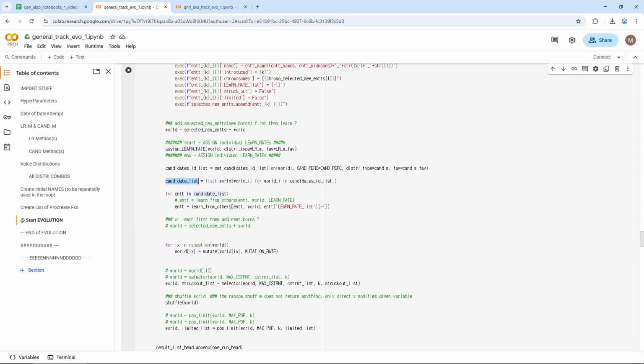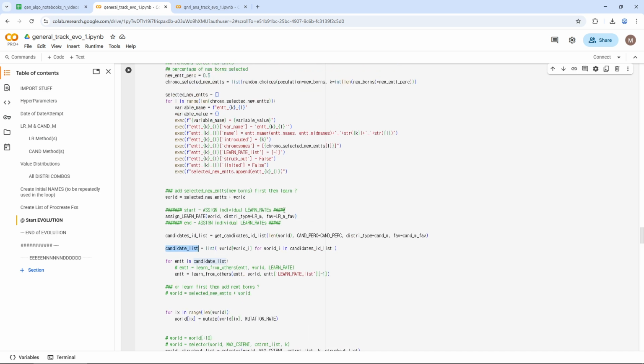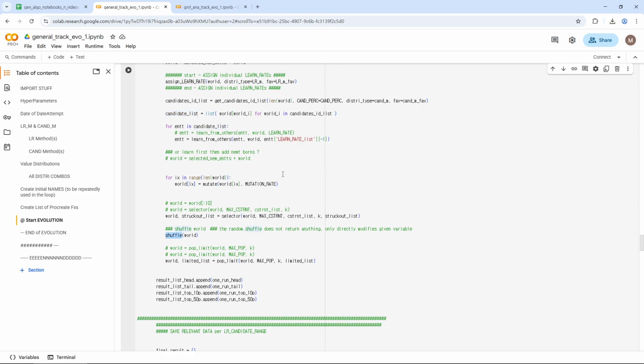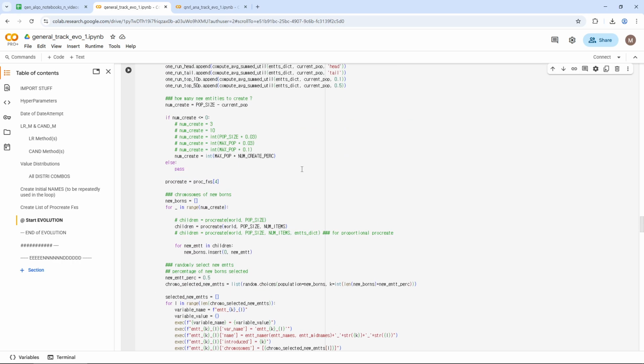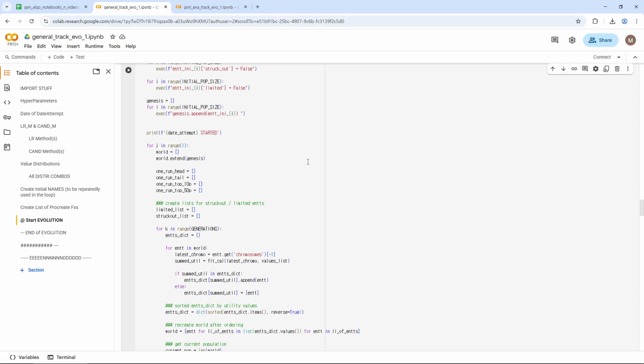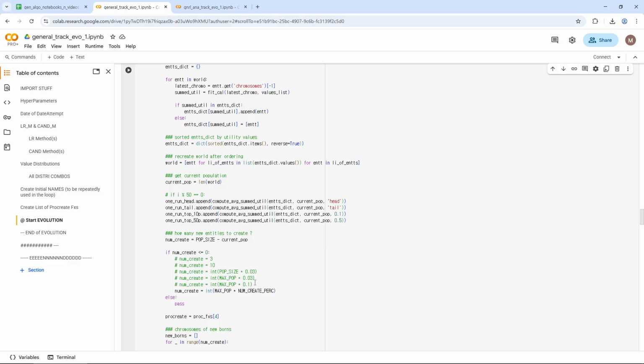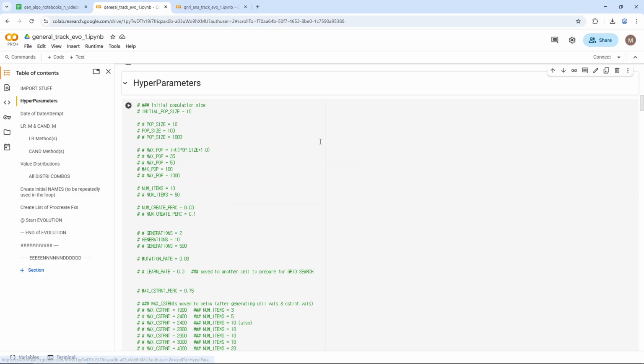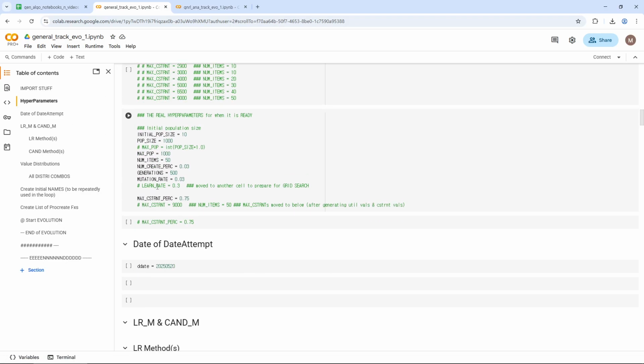I have the candidate list, and then I also shuffle, and I also know that my code is just horrible. Even when I look at it, it's horrible. And that's about it, really. No, create percentage, 0%.